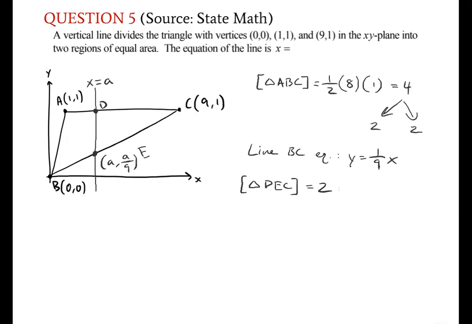And we also know that it can be represented as 1/2 times the base, which is just 9 minus a, times the height. And the height is just 1 minus a over 9. So if we multiply it all together, it's equal to 1/2 times 9 minus 2a plus a squared over 9.